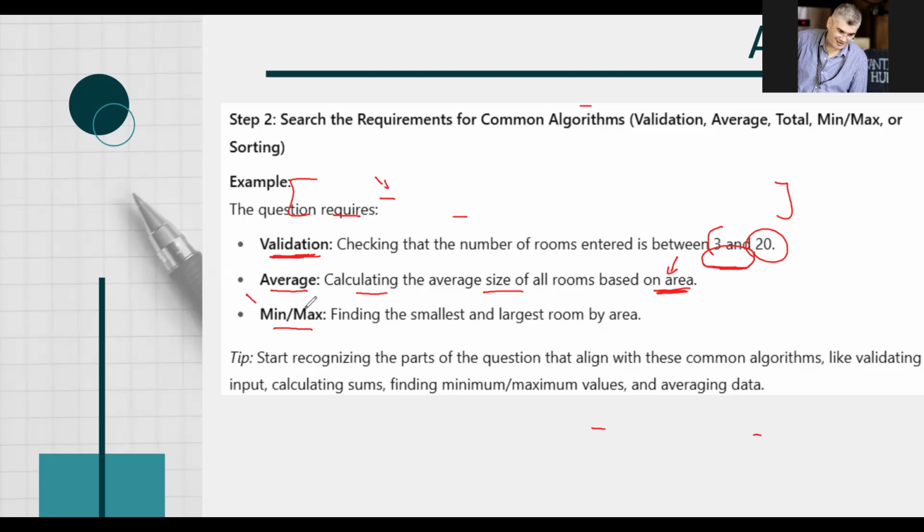So we're going to use the standard minimum and maximum algorithm that we have, and we need to modify and adapt it to the requirement here. By highlighting that you will need to find the smallest and largest room by area, it means that you need to use the minimum and maximum algorithm. So that is the second step that we're going to use.